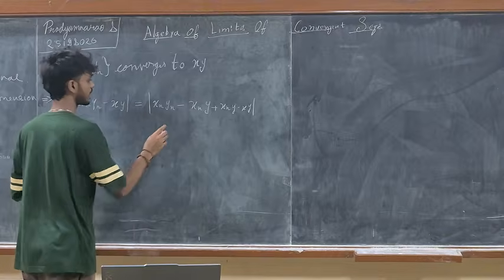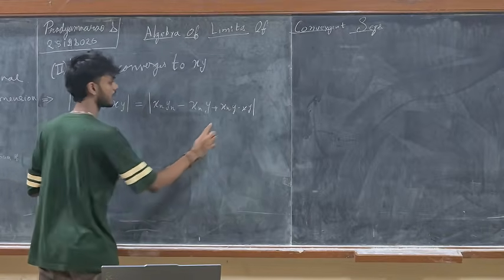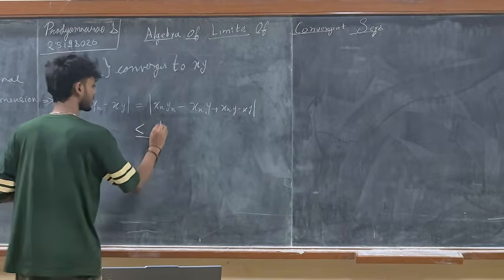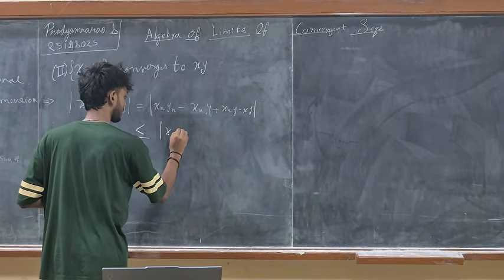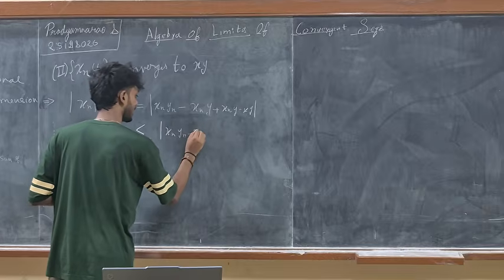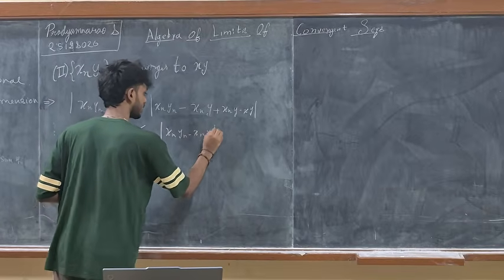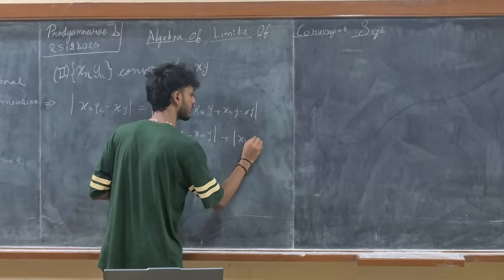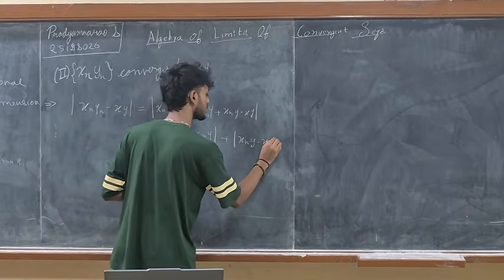Now applying the triangle inequality for these two terms, we can write that this is less than or equal to the modulus of xn yn minus xn y plus the modulus of xn y minus xy.